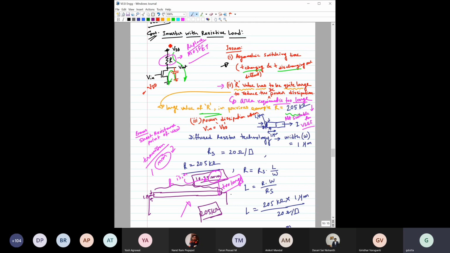Current will continuously flow through this resistor and that will dissipate power. So as long as this inverter is in its logic 1 state, it will continue to dissipate power, right? That is called the static power dissipation.